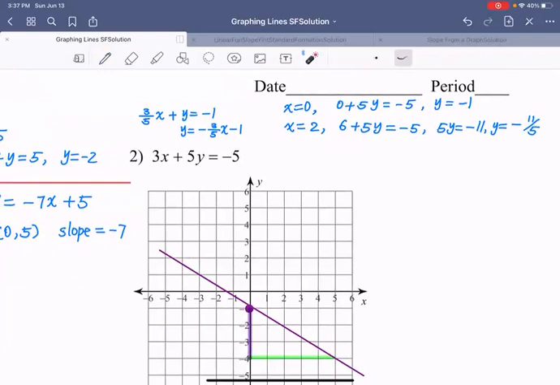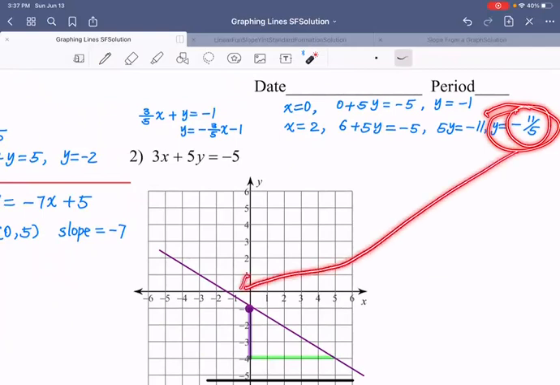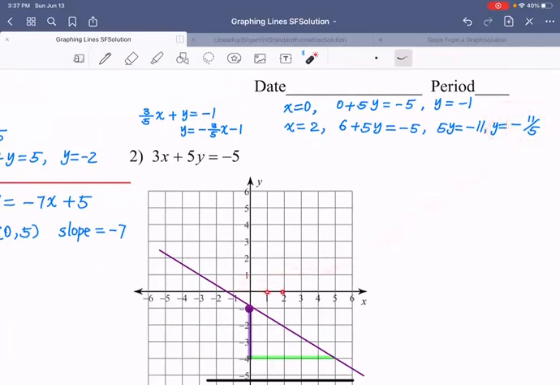That's good. The only problem is it is not easy for us to draw this fraction on this graph, okay? We can draw those integer points without problem, but with a fraction, we don't have an exact point to get. So my suggestion is, look at here.